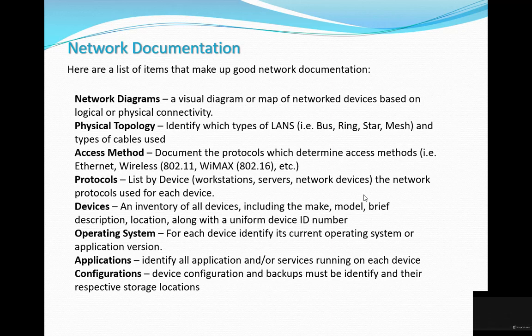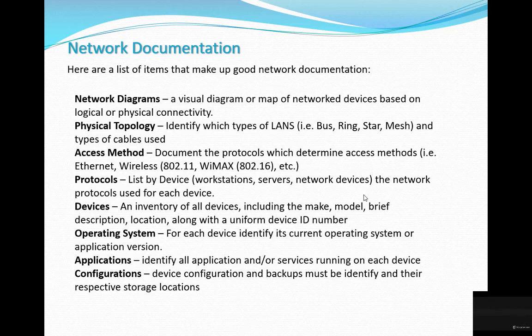We want to have a list of the network protocols that each one of these devices is using. This will be especially helpful to have when we go to set up security, and we want to make sure that we provide the necessary access to these devices for the protocols that they need, and to shut off those protocols that are not needed.